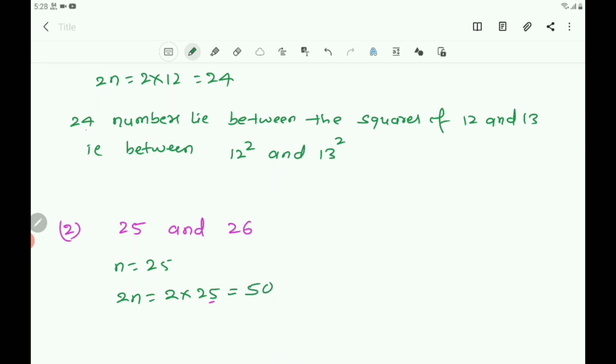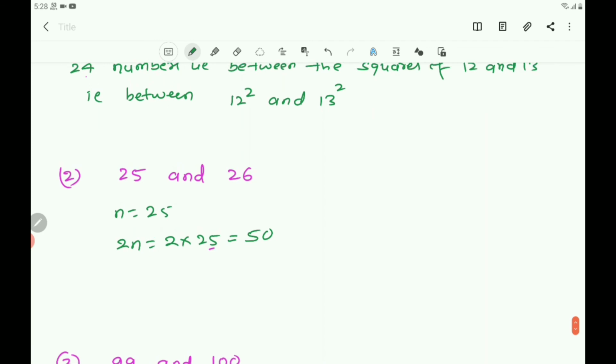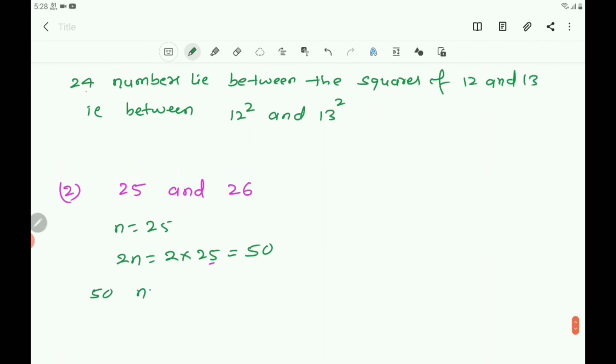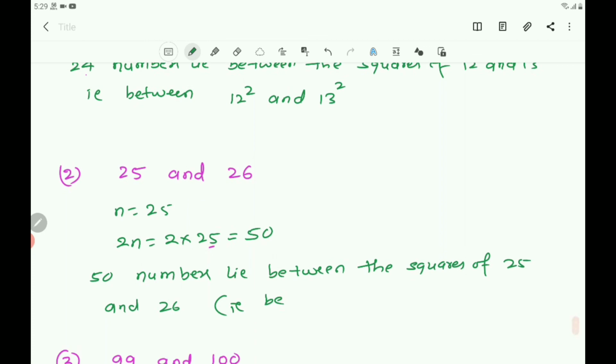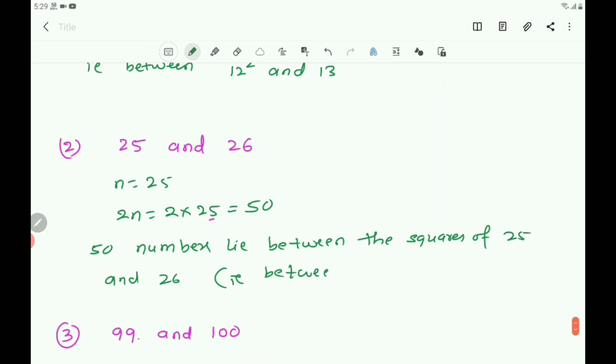So you can write 50 numbers lie between the squares of 25 and 26, that is between 25 square and 26 square. 50 numbers lie between squares of 25 and 26.